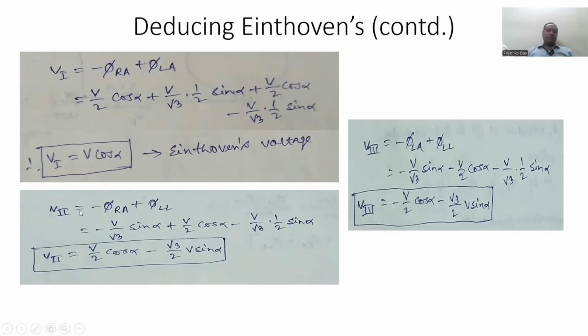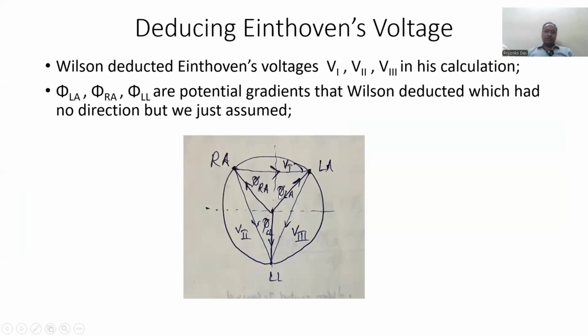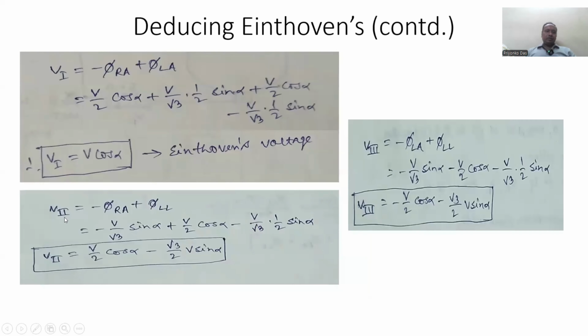Similarly, if we calculate V2 from this figure, I again use the vector summation law: φRA plus V2 is equal to φLL. So V2 is equal to minus of φRA plus φLL.